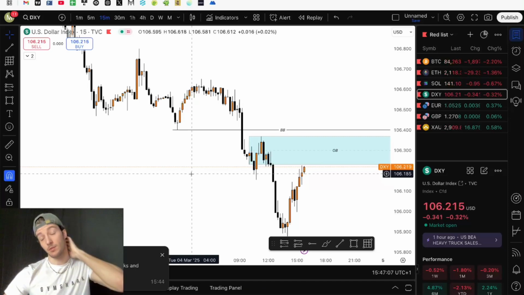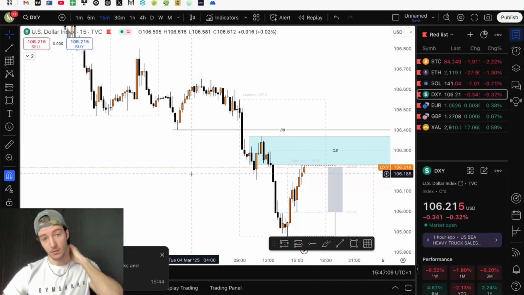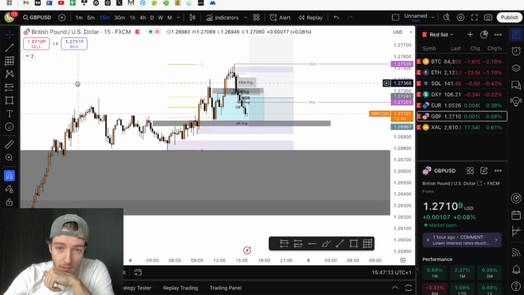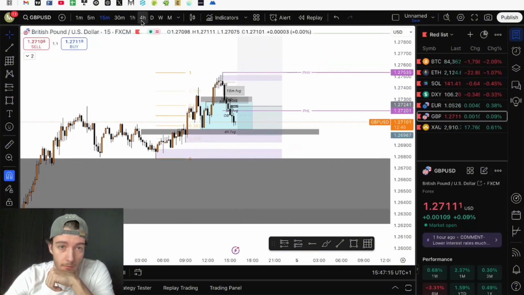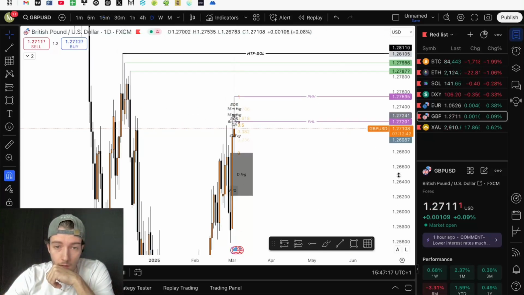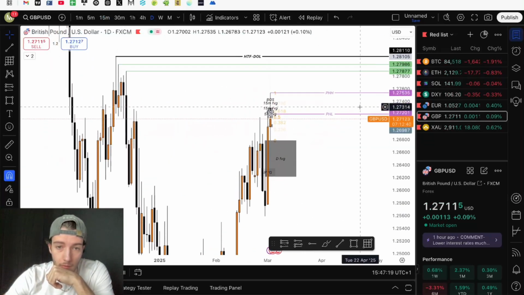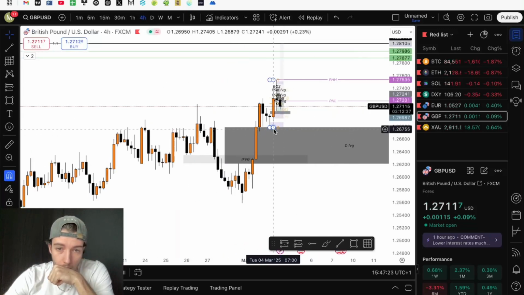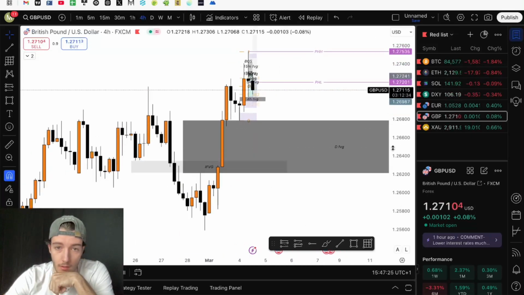Hopefully the dollar is gonna respect this order block. Otherwise, the bias is gonna change, and we are likely just gonna come into this daily inverse, maybe even today. Come to these lows down here.